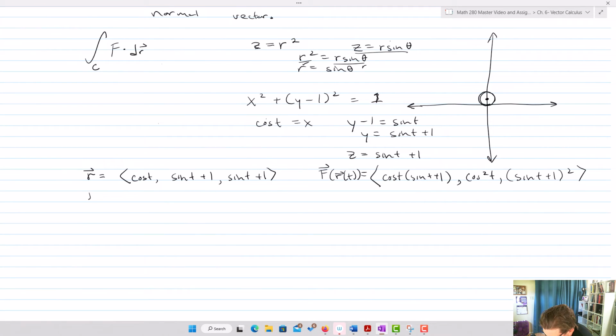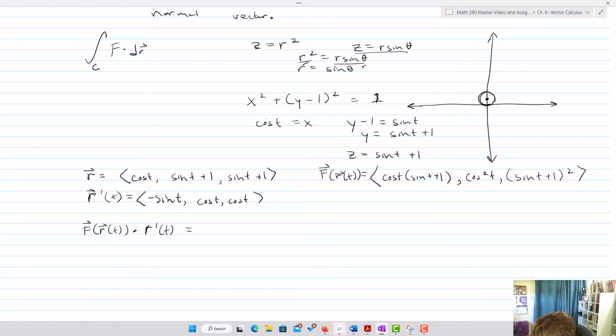So now I'll take r prime of t, and that's going to equal negative sine t, cosine t, cosine t. So now we're going to dot those two together. I've got f of r of t dotted with r prime of t.